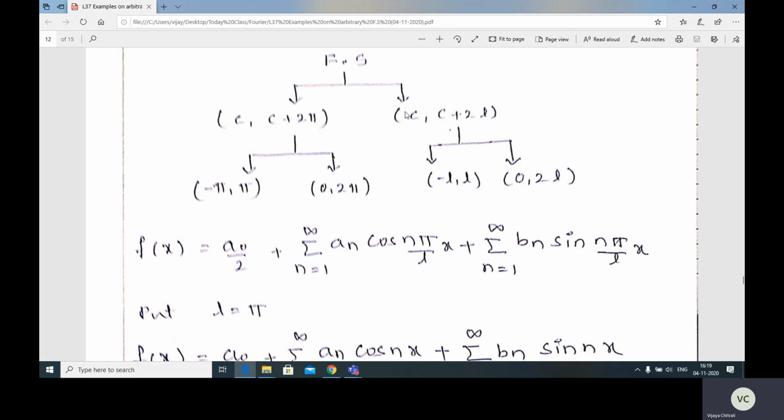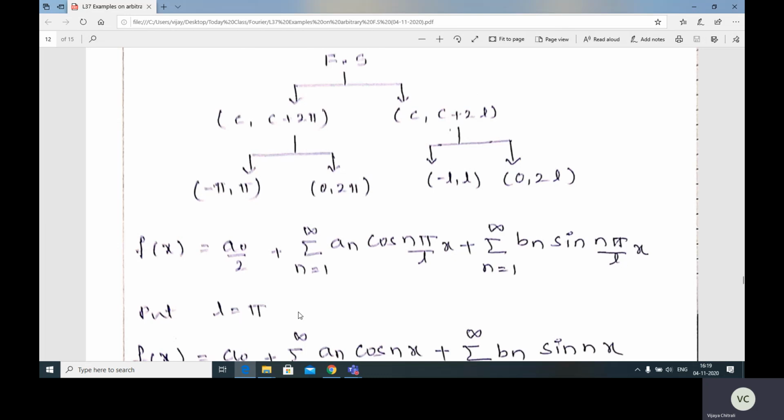So suppose a function f of x is defined in C to C plus 2L. The Fourier series expansion of this function is equal to a naught by 2 plus summation n is equal to 1 to infinity an cos n pi by l x plus summation n is equal to 1 to infinity bn sin n pi by l x.